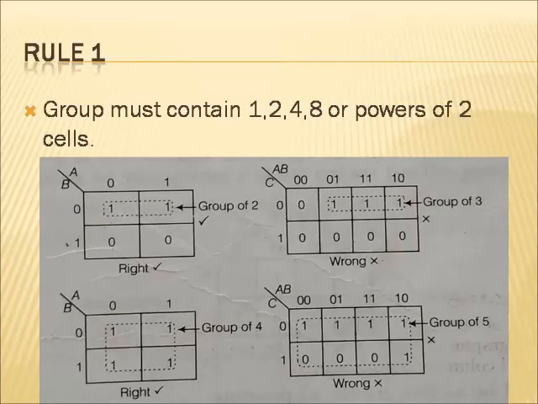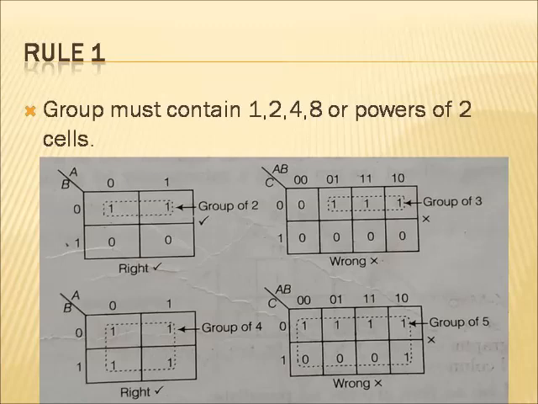Okay, here we are going to see the rules for forming the groups on the K-map. Please see that all these examples are based on the SOP, and for POS also the same rules apply, right?